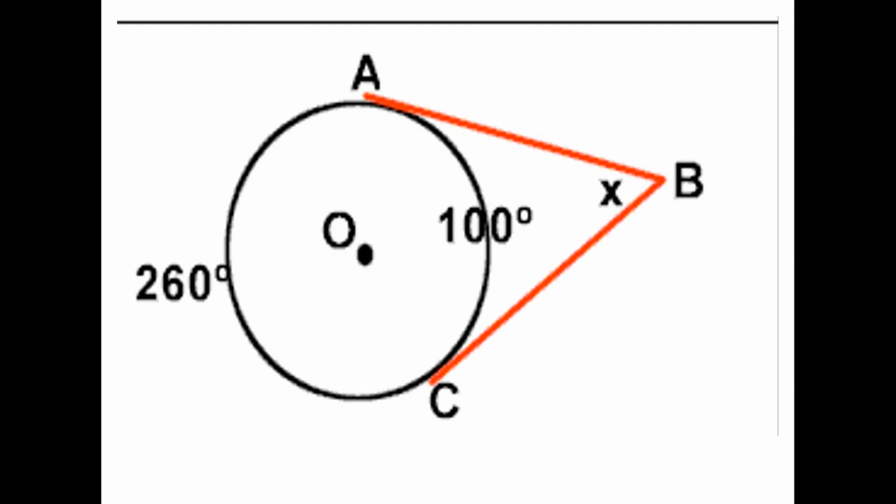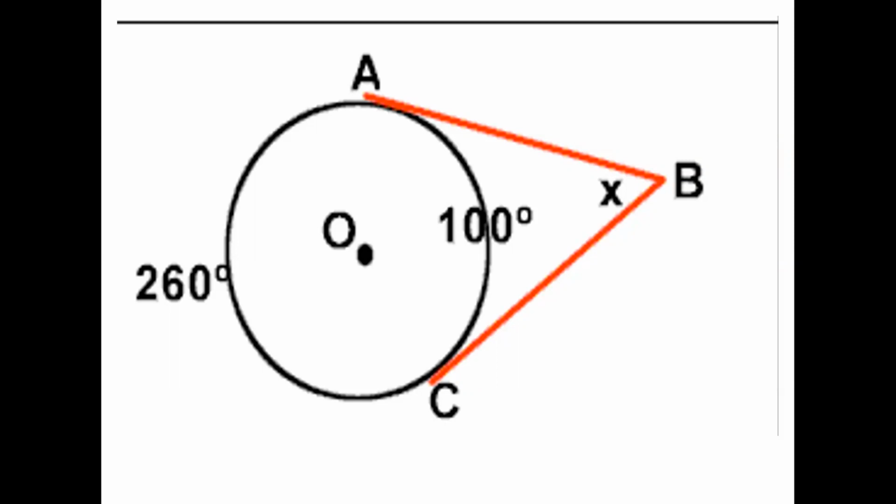Kasi nung nagkaroon ng two tangents, which is the tangent AB and the tangent CB outside the circle, that at point B, nabuo si angle X. Pero kung mapapansin nyo, technically, yung circle nahati lang sa dalawa, which is the two intercepted arcs. We have the intercepted arc AC, which is the bigger, and the arc AC, which is the smaller.